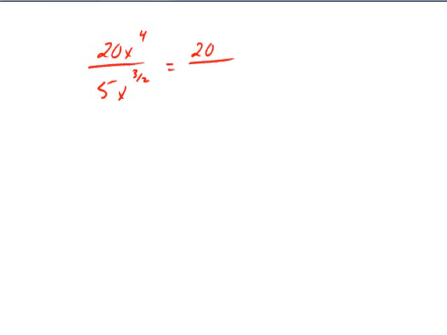So let me leave the 20 and the 5 alone, but let's change the exponents to have the same denominator, in this case a denominator of 2, so 8/2. Leave the other one alone. I can divide the coefficients to give me 4. I can subtract the exponents. 8 minus 3 is 5, so I have 5/2 power on the x. So 4x to the 5/2 power.